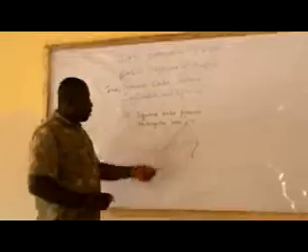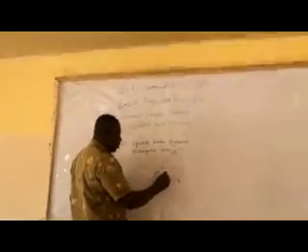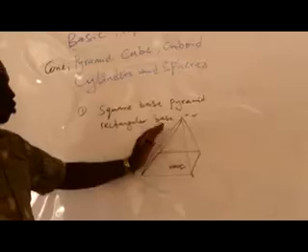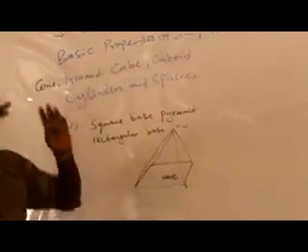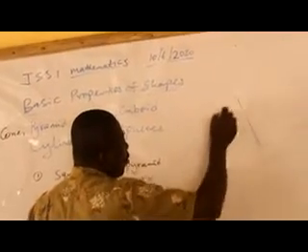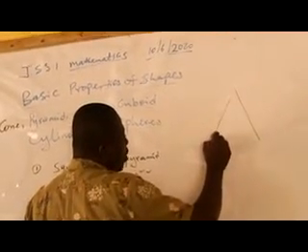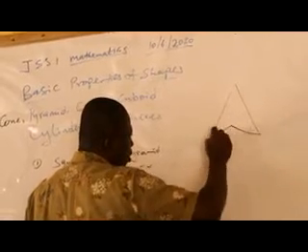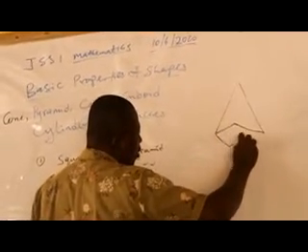This is the base. Then it is made up of different triangles. This is one triangle, 2, 3, and 4, surrounding the base. The base here is a square, like this.